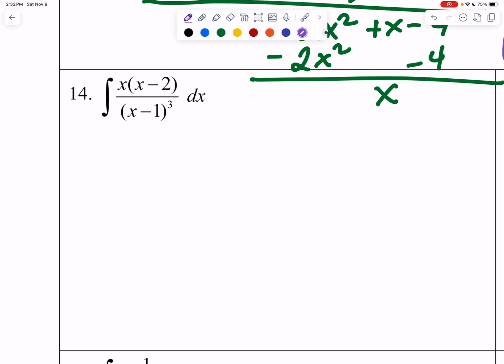So for number 14, I have the integral of x times x minus 2 over x minus 1 to the third power. Now, I can't really use long division or synthetic division because my denominator has a higher degree. So at this point, the only option that we have is using u sub, which means that u is going to be x minus 1, and then du is just going to be 1 dx.